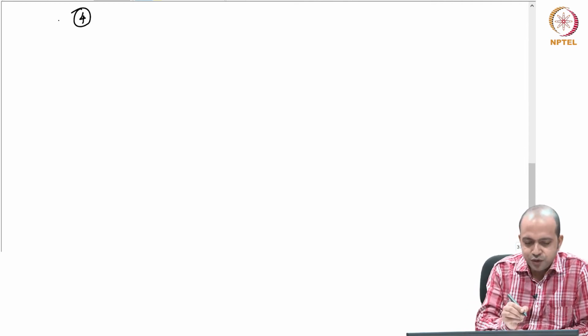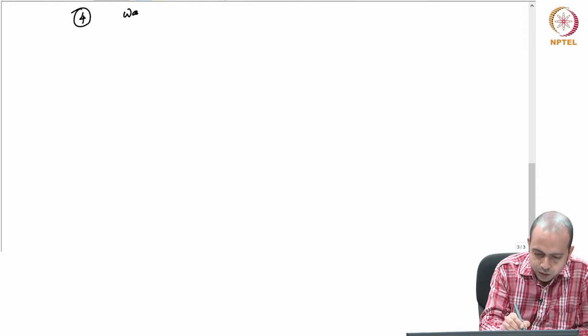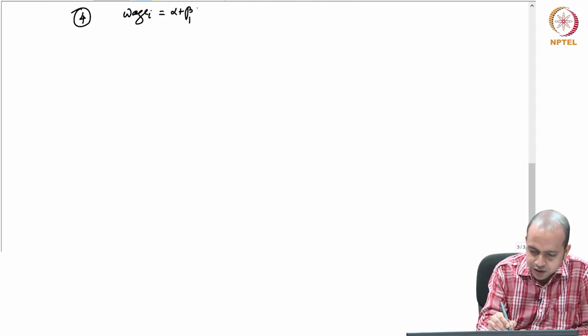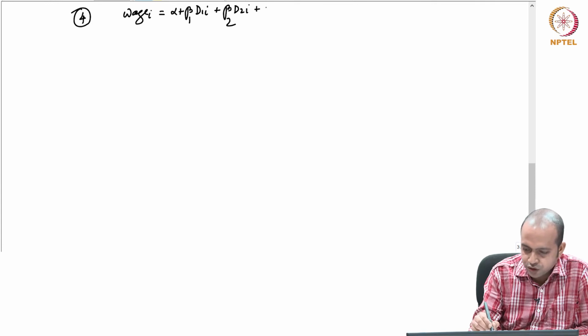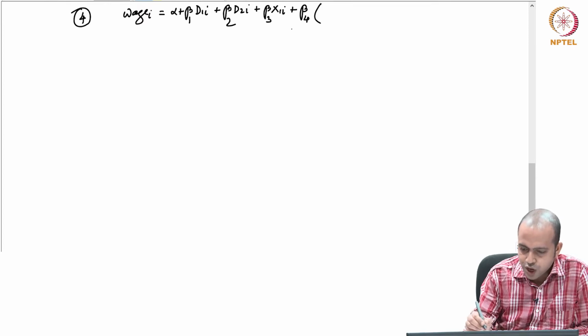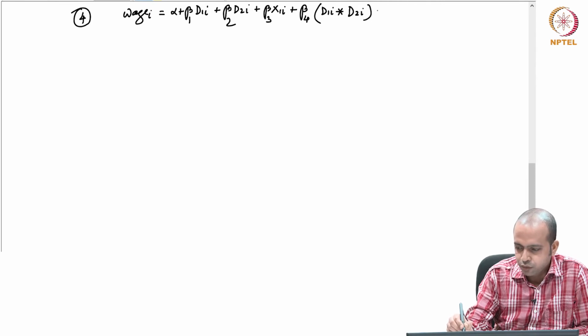So, our wage function is wage equals alpha plus beta 1 d1i plus beta 2 d2i plus beta 3 education, which I am denoting by x1i, plus beta 4, where I am interacting these two, that means d1i multiplied by d2i, plus ui.